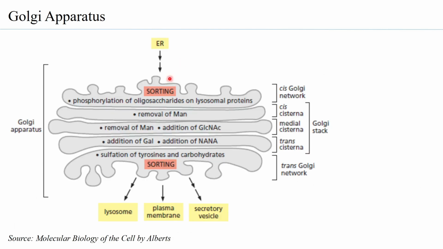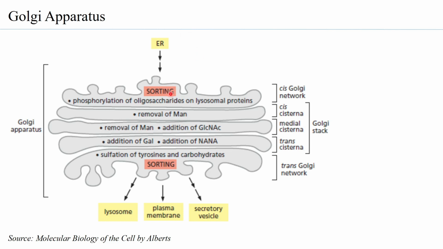Now, to look at what kind of processing happens in the Golgi, we are just taking a few examples. For example, when proteins come in from the ER at the cis Golgi network, what happens is sorting. What kind of sorting? From the ER, you have vesicles coming in carrying different proteins. Suppose the vesicle also carries a protein that actually had to remain in the ER. That protein would have an ER retention signal.